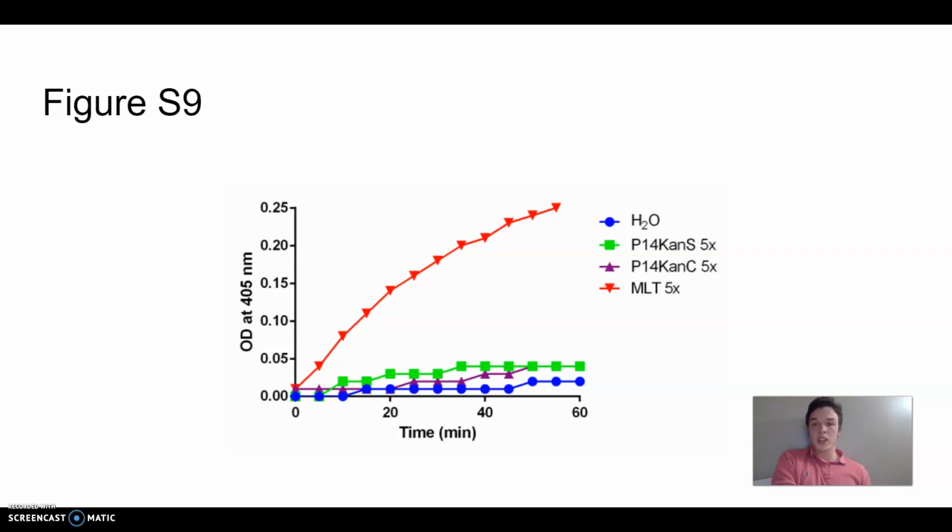The absorbance of the cleavage product from the beta-galactosidase substrate was then monitored at a wavelength of 405 nanometers, as shown on the y-axis. If the beta-galactosidase leaked out of the cells due to their membranes being lysed, then we would see a higher absorbance due to a greater number of cleavage product.